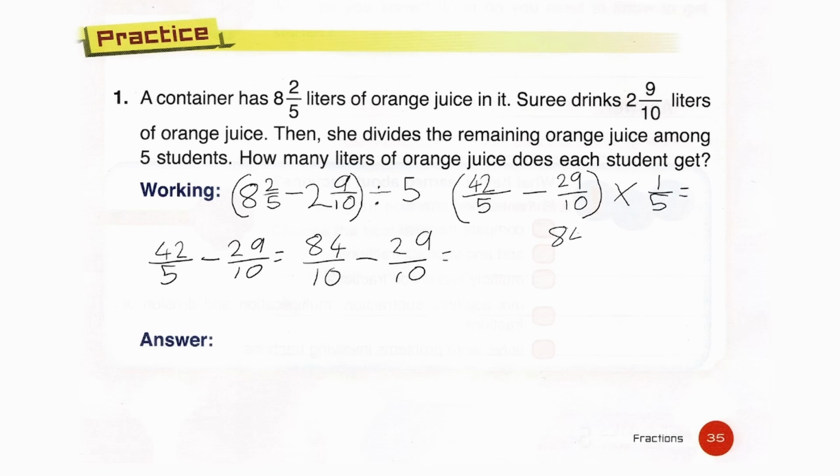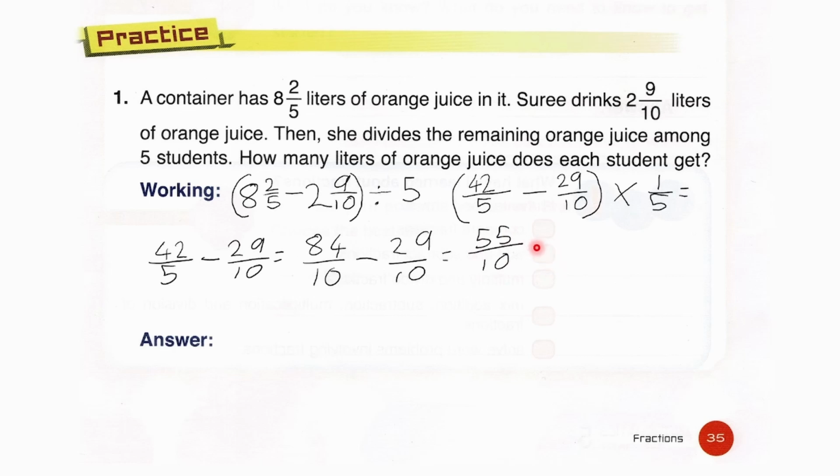Okay, so 84 minus 29 equals 55. Okay, so now we have 55 over, but we don't subtract these, do we? They just stay the same. So over 10. Okay, so let's erase this here. We now have 55 over 10.